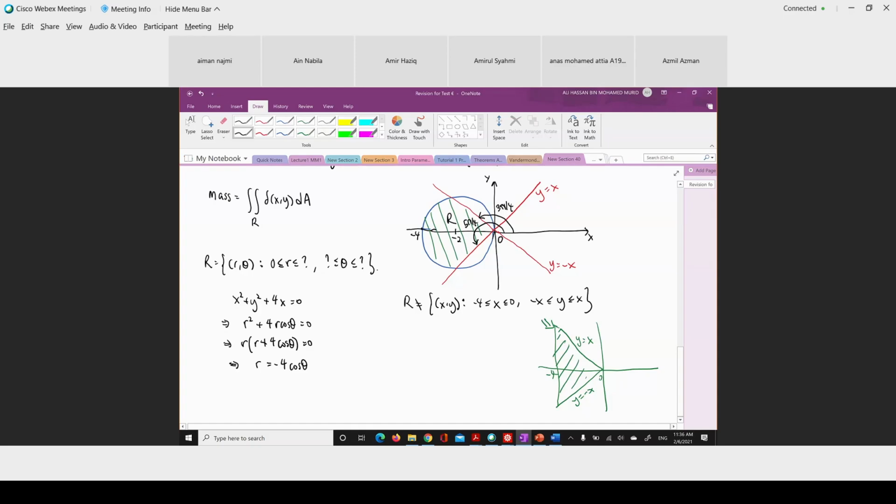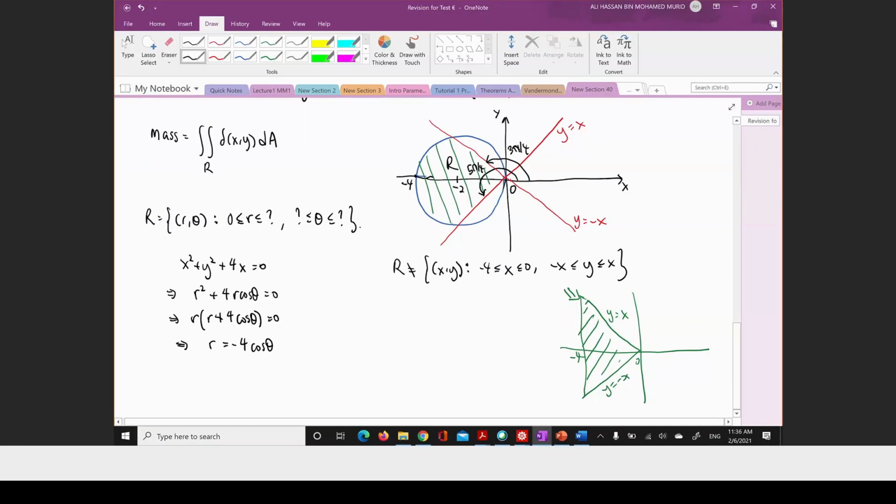The theta sweeps from the red line above until the red line below. So let's use theta between 3 pi over 4 and 5 pi over 4.